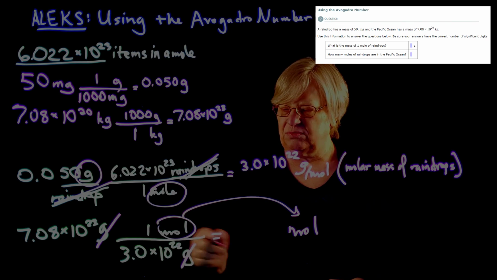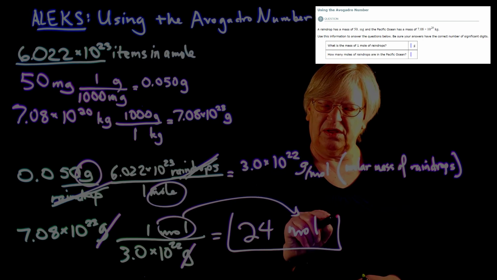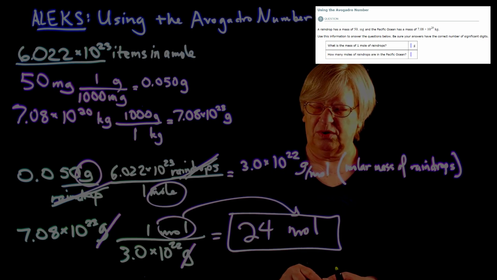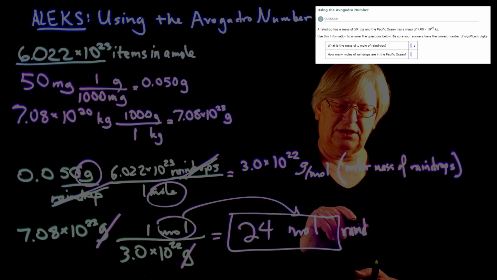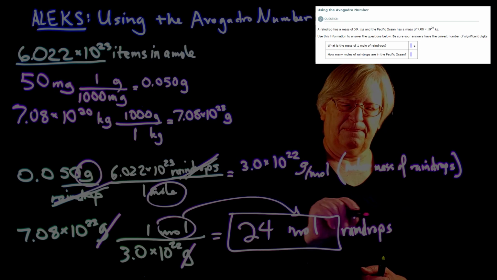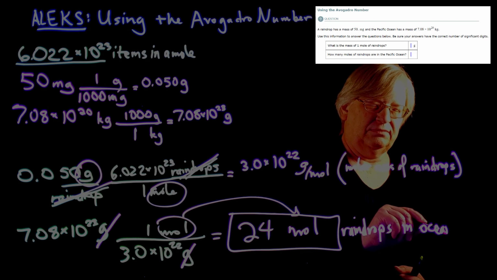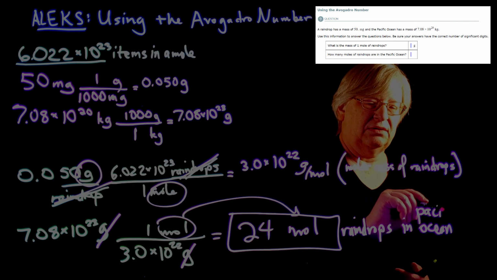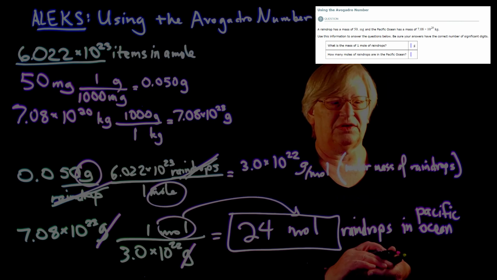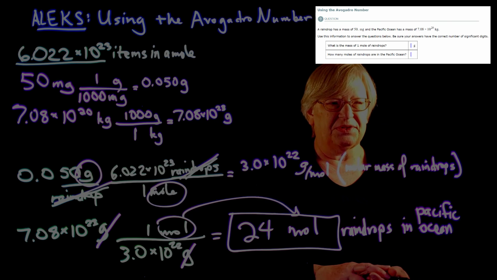And then all I've got to do is punch it into a calculator, and the answer is 24 from the calculator. So I have 24 moles of raindrops in the Pacific Ocean, I should say, because that's the ocean that we were given the data for. So 24 moles of raindrops in the Pacific Ocean.